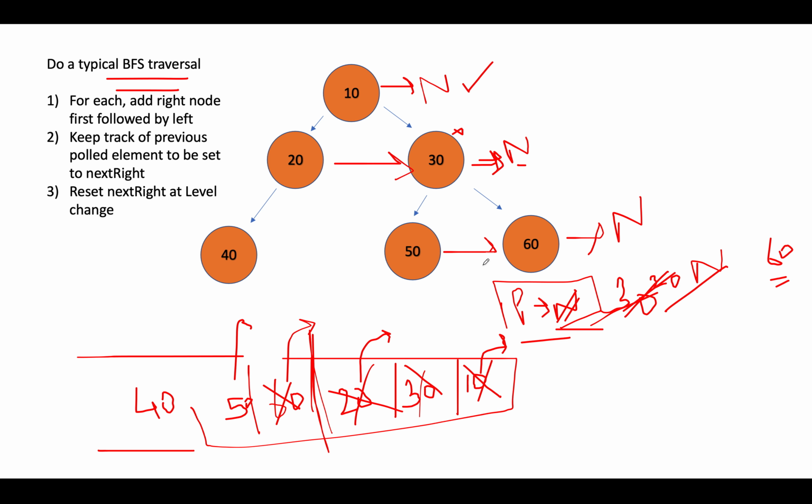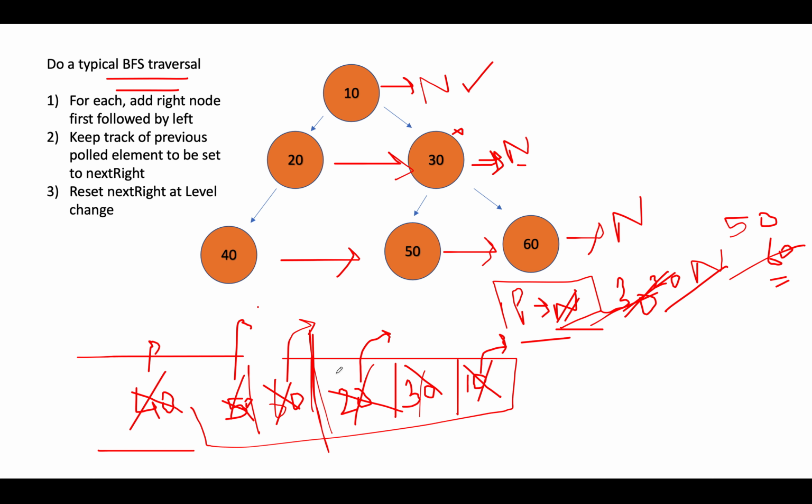So we establish this connection, and since it doesn't have any children, the previous element gets updated to 50, and now we'll pull out 40 from the queue, and 40's right will point to the previous next right element, which is 50, and we establish this connection. And since it doesn't have any children, the queue is empty, the loop breaks, and we are done with the level order traversal.